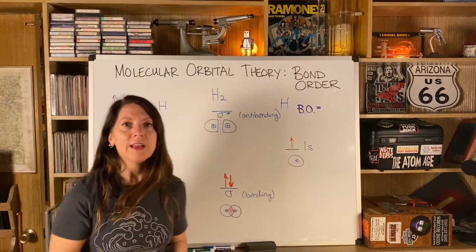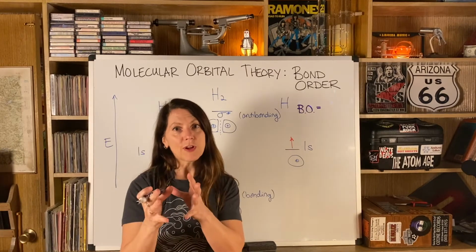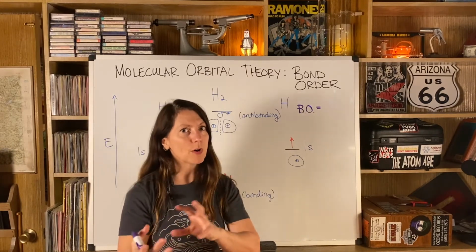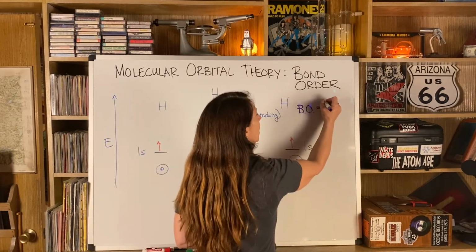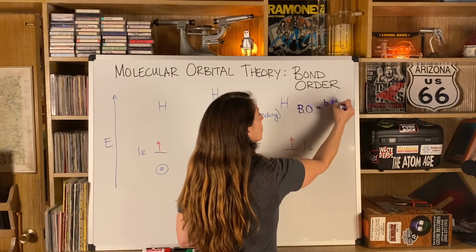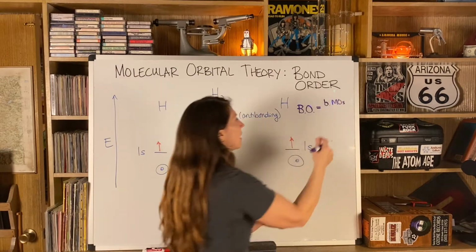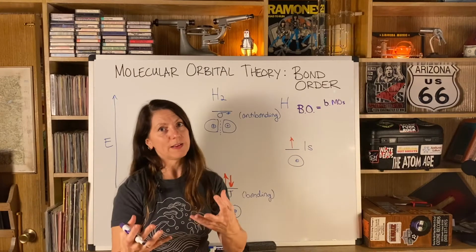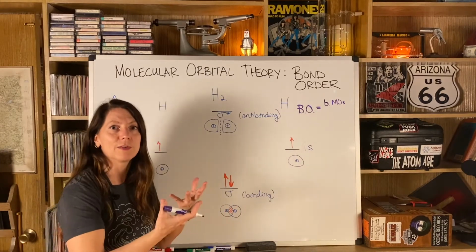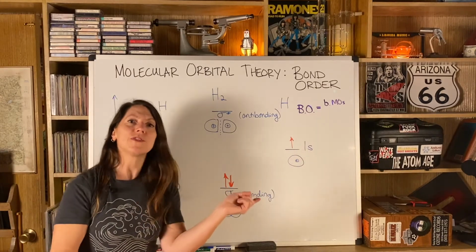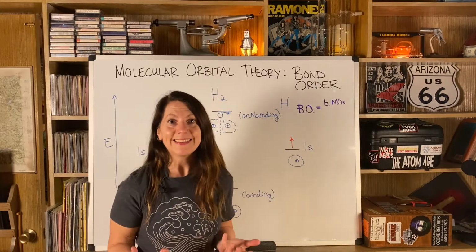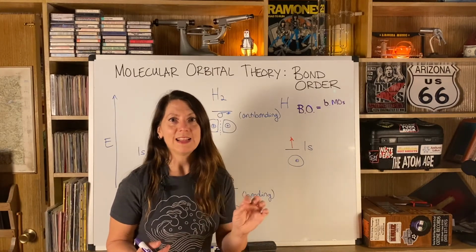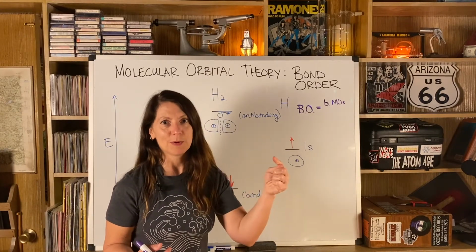Bond order. This is taking all the electrons that are in bonding molecular orbitals, so bonding MOs, and because those are stabilizing forces, those are electrons that are stable, and we're going to subtract out anything that's destabilizing. So that would be any electrons in the anti-bonding orbitals.